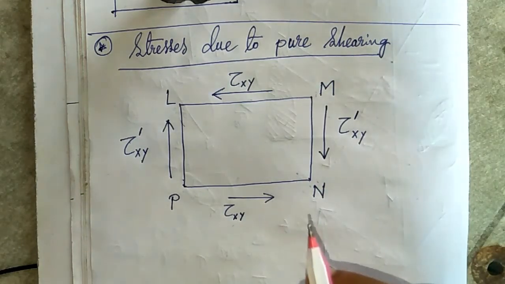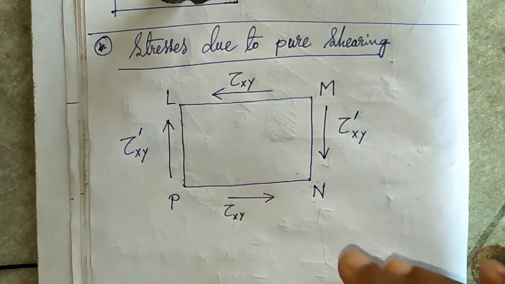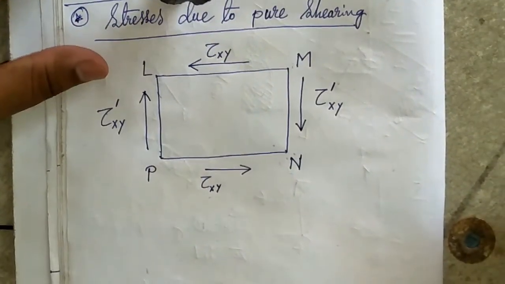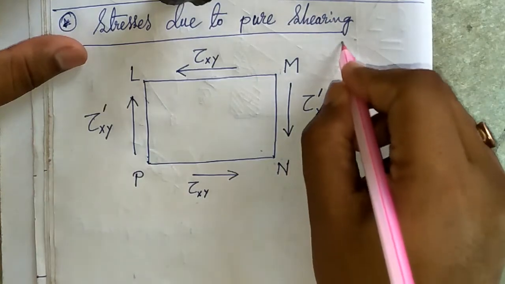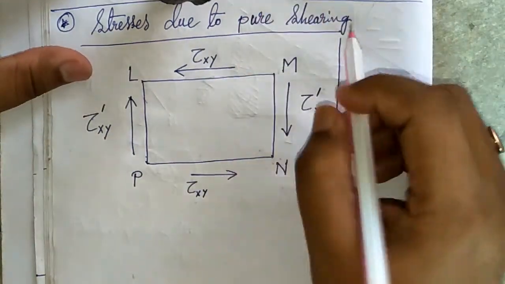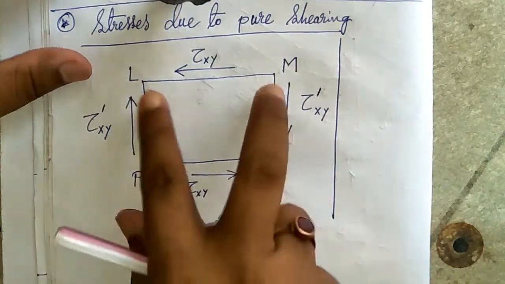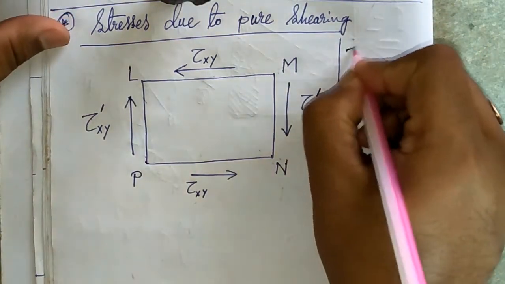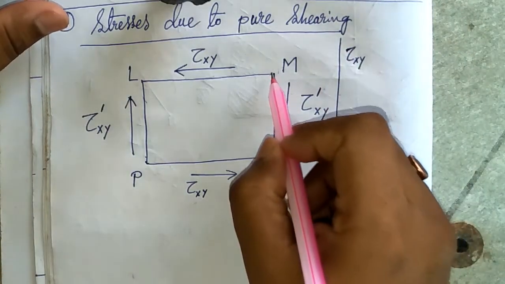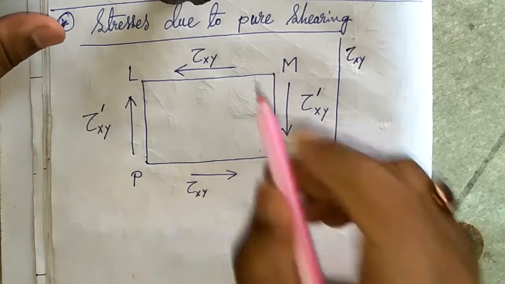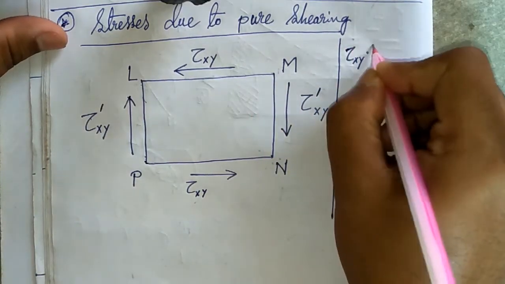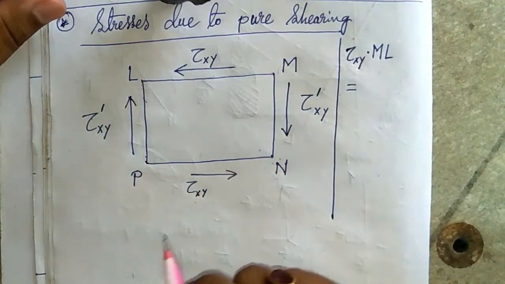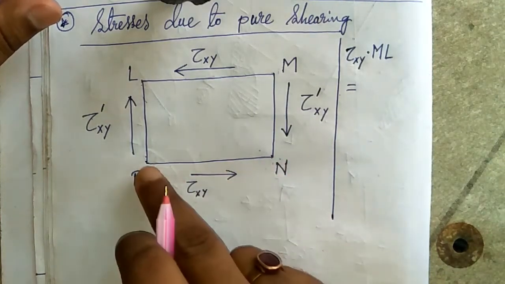Okay, so another thing is the resultant force, that is the stress into area, for this face and this face. The force will be the shear stress tau xy into the area, that is LM, and the height of this block is 1, so that will be LM or ML, which equals, for this, tau xy into NP into 1.